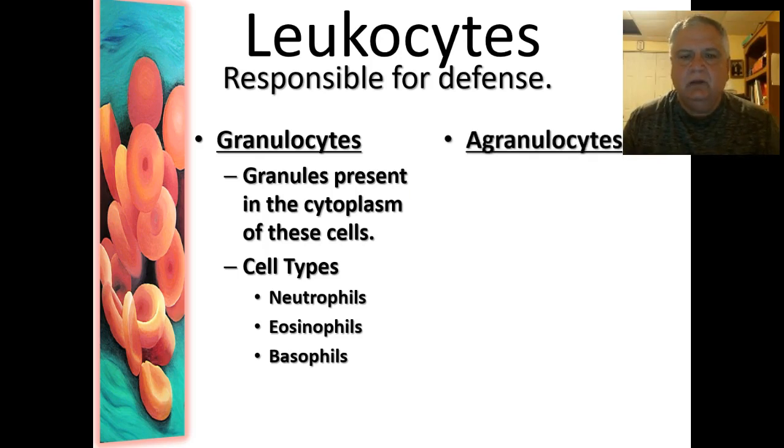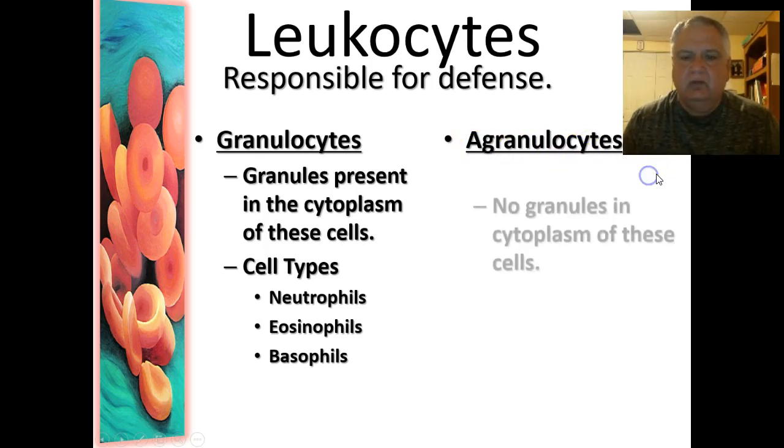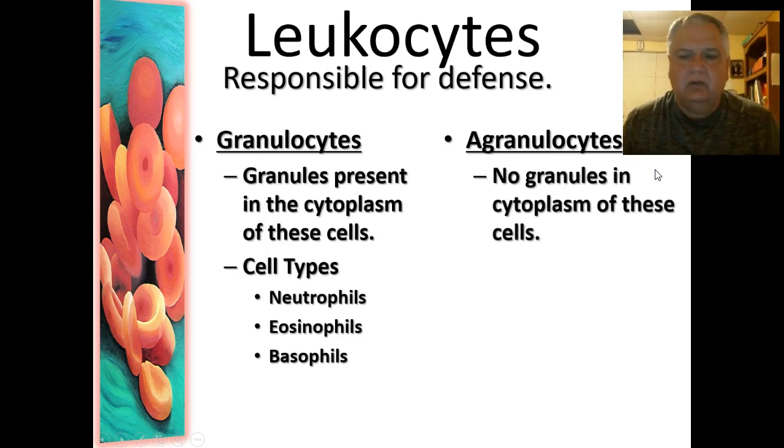But for now, the other category or type of leukocyte is called an agranulocyte. So when we put this A as a prefix out in front of granulo, we get without. So we have literally, the name tells us, these are cells without granules. So there's no granules present in the cytoplasm of these cells.